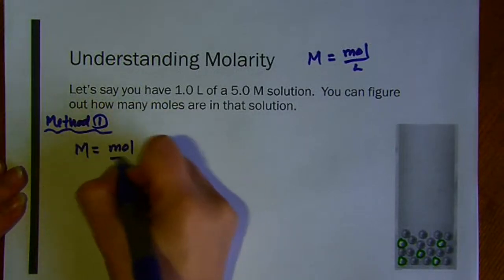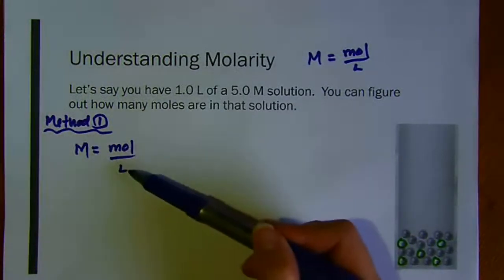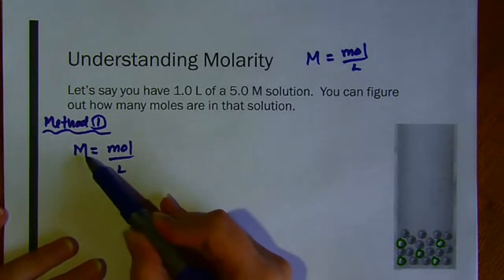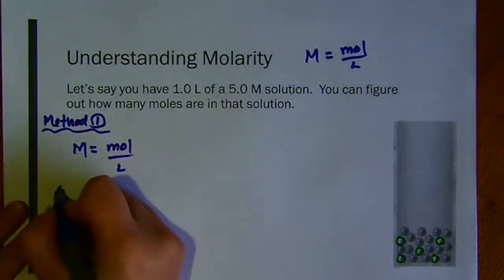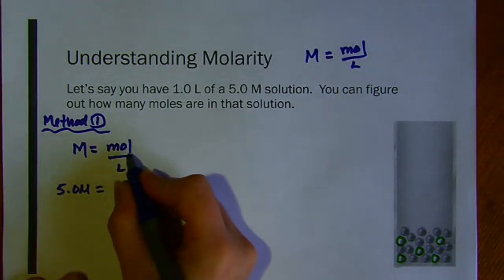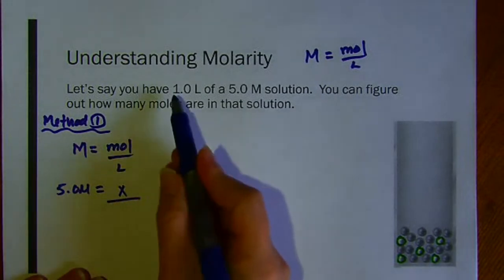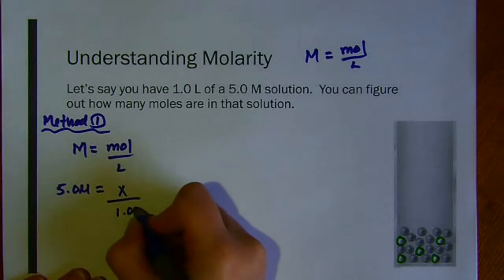So here's our equation. Molarity is always going to be moles per liter. And let's plug in the variables that we know. We know our molarity. It's 5 molar. We're going to be looking for moles, so that's X. And we know that we have 1 liter of solution.